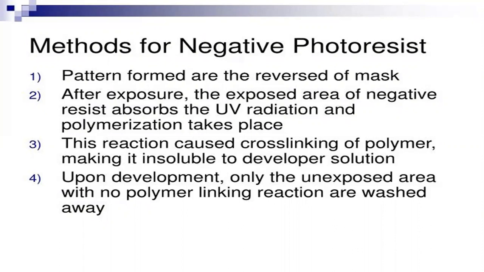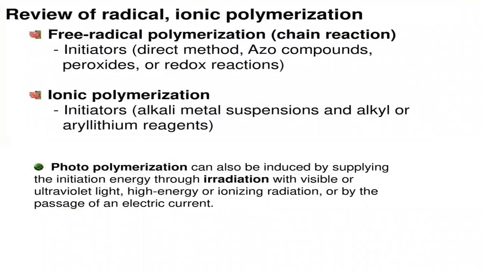In this negative photoresist, it is made insoluble to the developer solution. Upon development, only the unexposed area with no polymer linking reaction is washed away. So any unexposed area should be removed and washed away, while the polymer linking reaction of the negative photoresist remains. So these are the methods for negative photoresist.